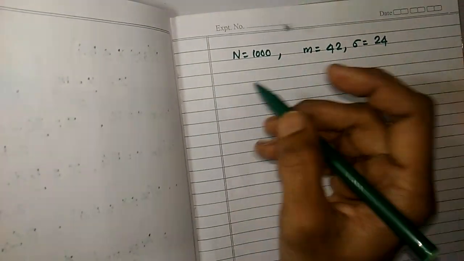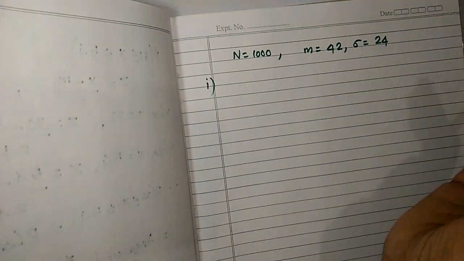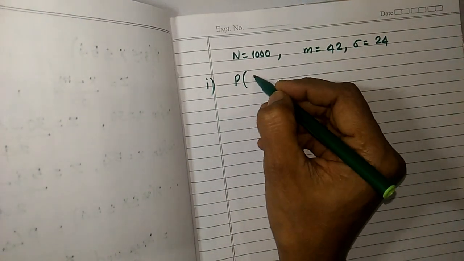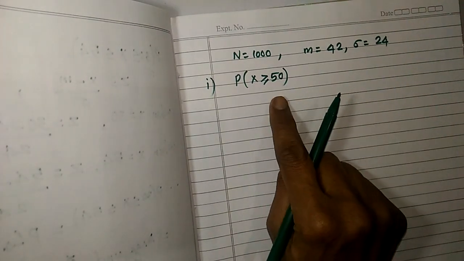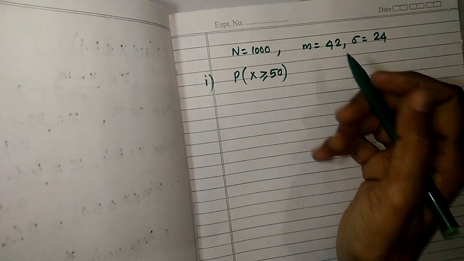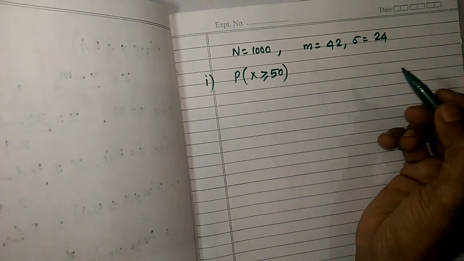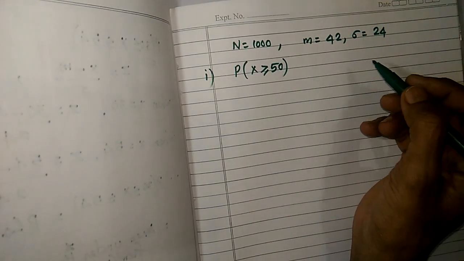We are asked to find the probability that x is greater than or equal to 50, meaning the number of students scoring more than 50 marks. So first of all, we need to convert this into a standard normal variate.